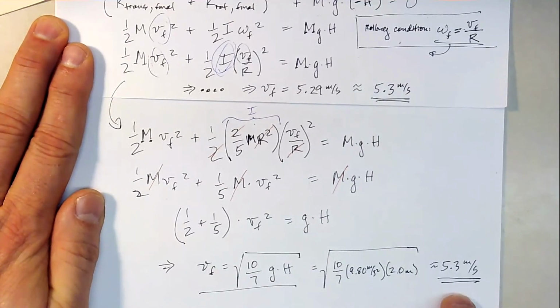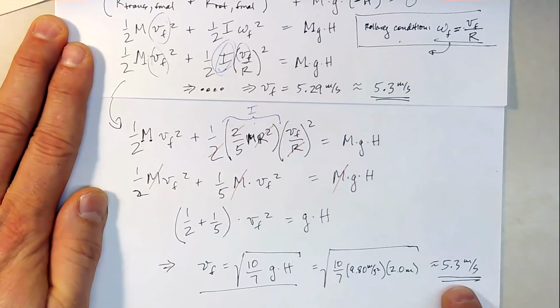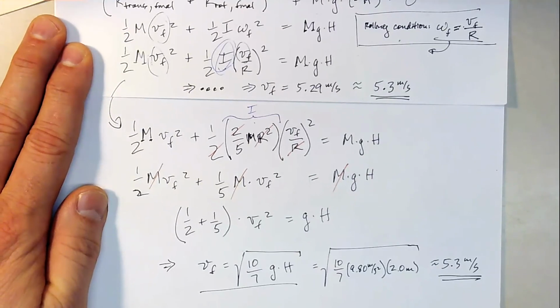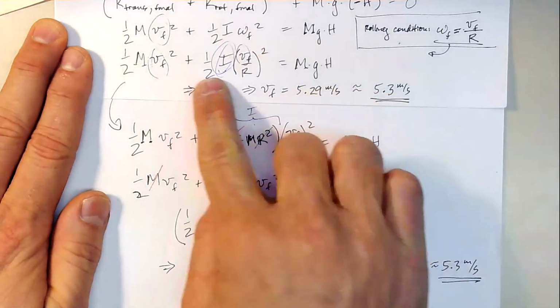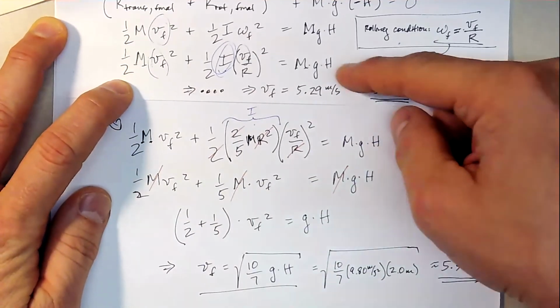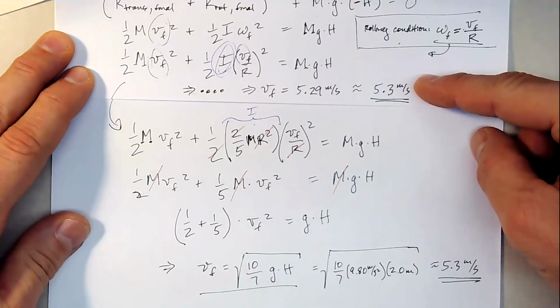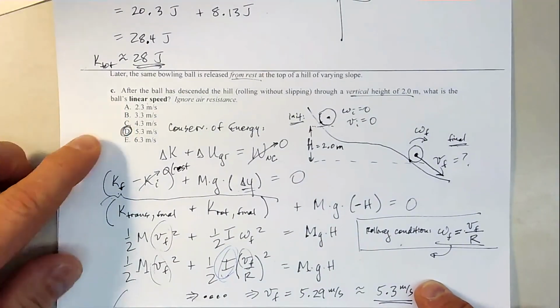So a marble or a ball bearing or a bowling ball or any other solid sphere of uniform density will be going 5.3 meters per second after it has descended from rest through a height difference of 2 meters. A beautifully generic result, right? As opposed to up here where it looks like a result that applies only to this one bowling ball. So it doesn't seem quite so general. All right, great. So that was the answer to part C.